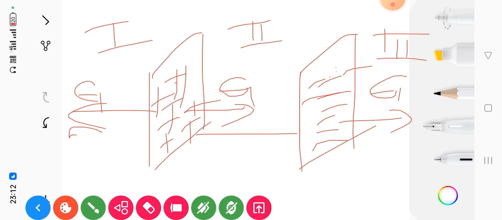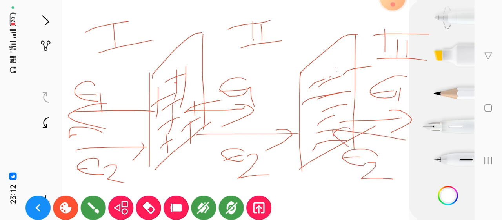This is E2 here, because the electric field is towards a negative charge, and here it is also E2. So now just tell me, for the first region, are they in the same direction or opposite? You can say they are opposite. In the second region, they are in the same direction, and in the third region opposite.